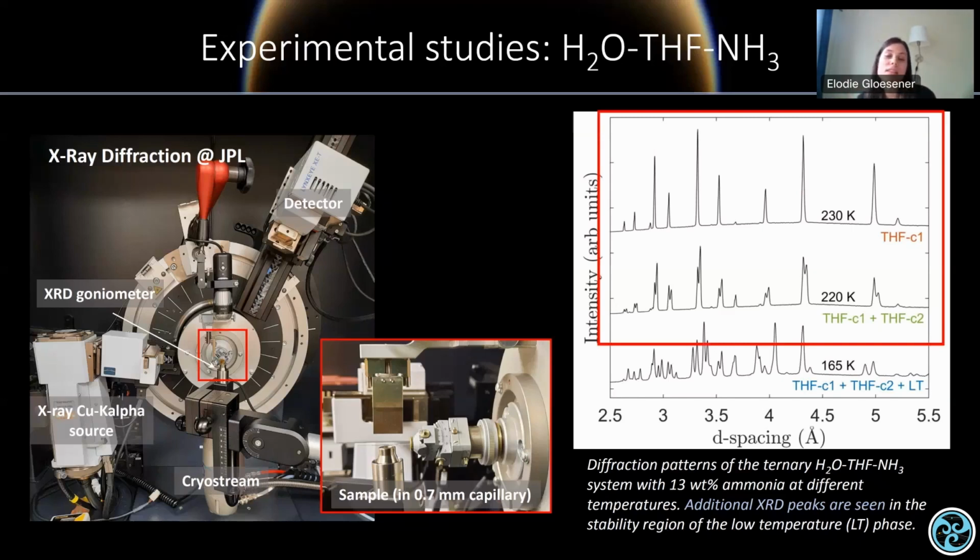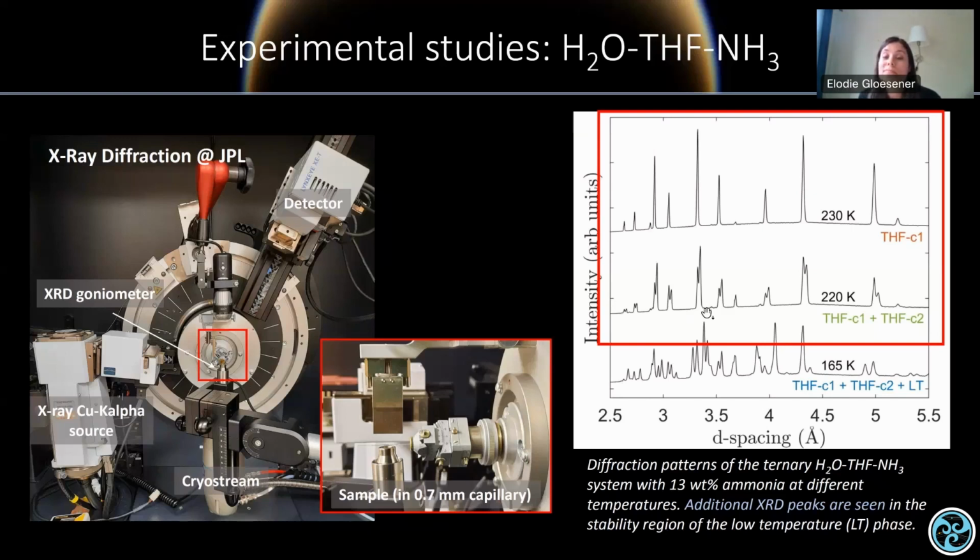At 230 Kelvin, we have only one stable phase, the first generation of THF clathrates, and the XRD pattern exhibits peak positions that are consistent with a clathrate of structure 2. At 220 Kelvin, you can see that we have additional peaks compared to the pattern at 230 Kelvin, and these peaks are associated with the formation of THFC2.